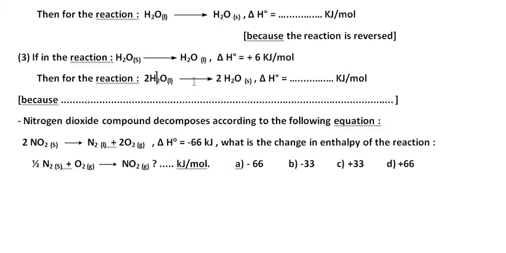We note that the second one is the opposite of the first, and also multiplied by 2 moles, but here is 1 mole. So delta H for the second change is 2 multiplied by minus 6. The answer is minus 12 kilojoule per mole.